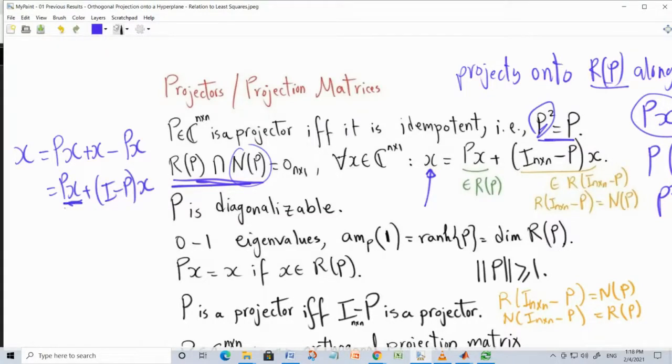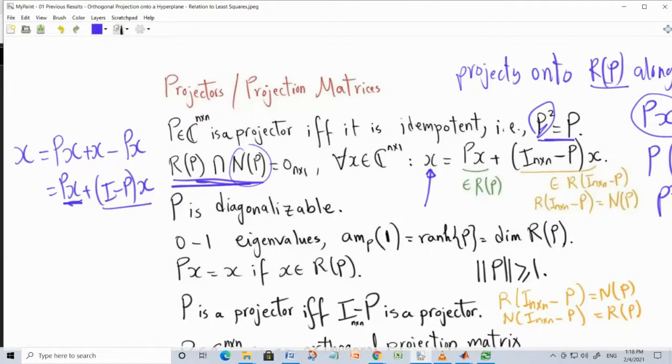So what is this first vector? This first vector is P multiplied by a vector, so it is living in the range of P. And what is this other vector? It is a vector in the range of I minus P. And in the previous lecture, we proved that the range of I minus P is exactly the null space of P. So we have these two important properties.